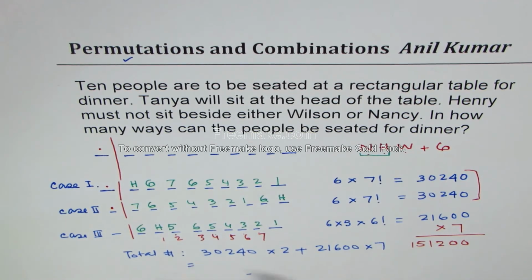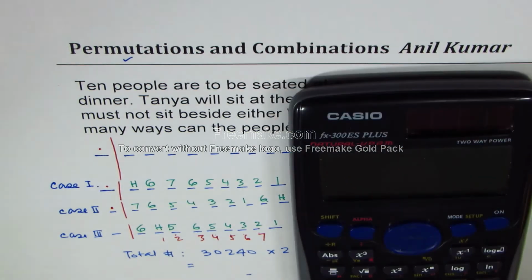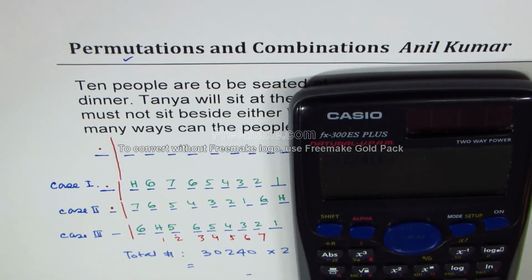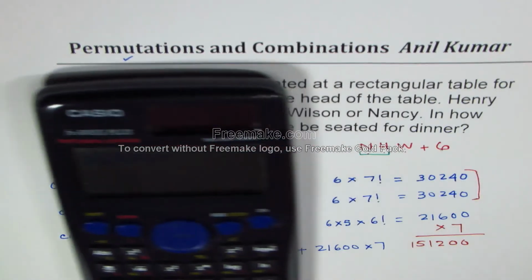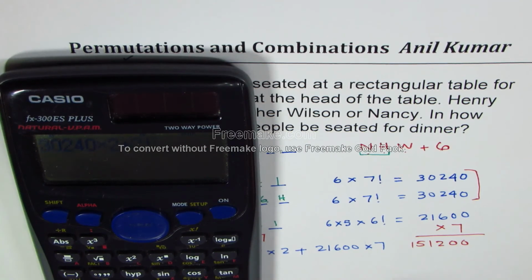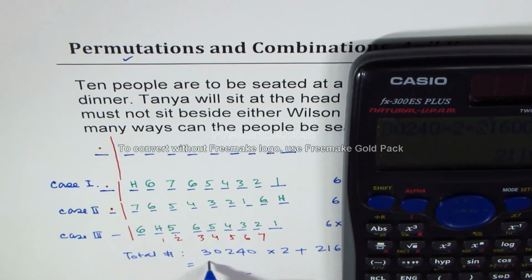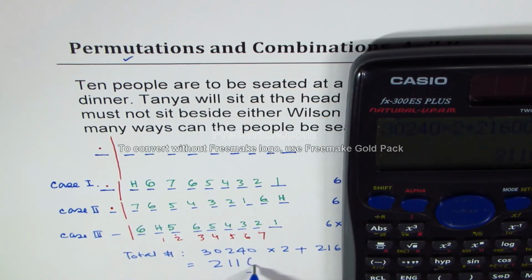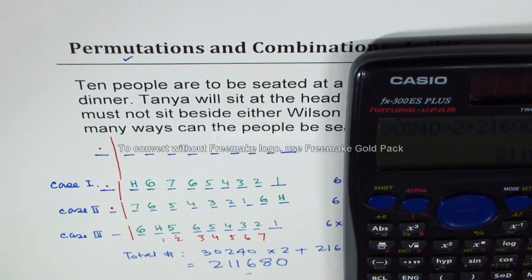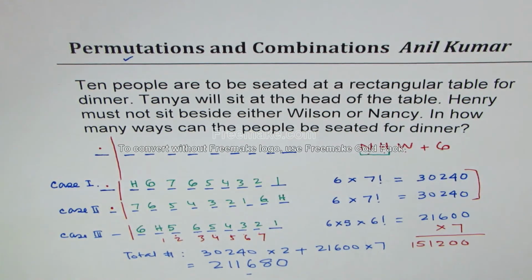Does it make sense to you? Right. So we have 30240 times 2 plus 21,600 times 7. That gives us the answer as 211,680. So that is the number of combinations which you could have in this particular situation.